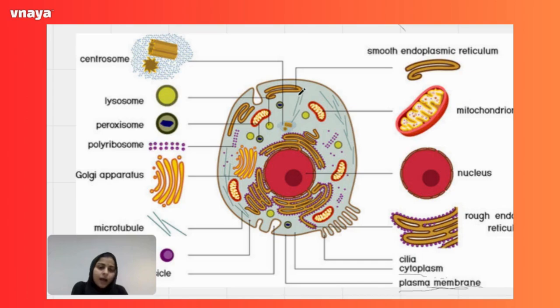And some cells can have cilia, which is actually the folding of the plasma membrane only. It gives you hair-like projections because some cells actually need hair-like projections to allow substances to pass through. That's why they have cilia.